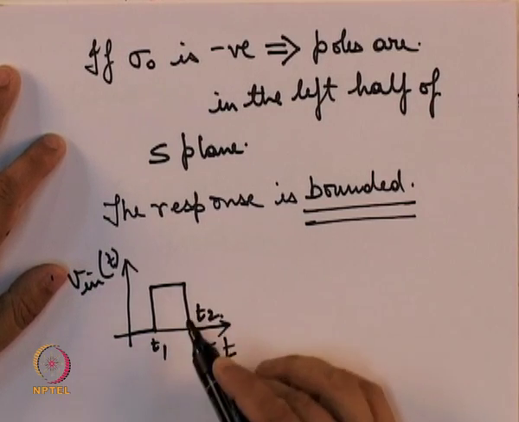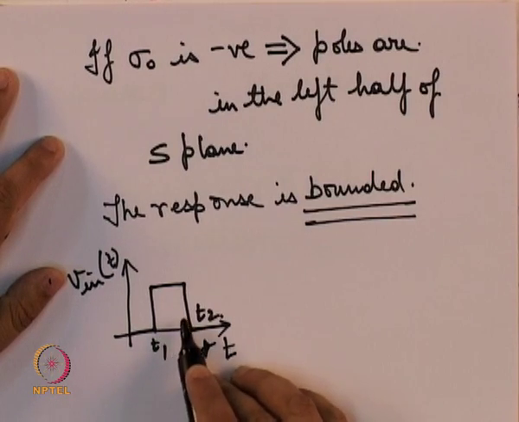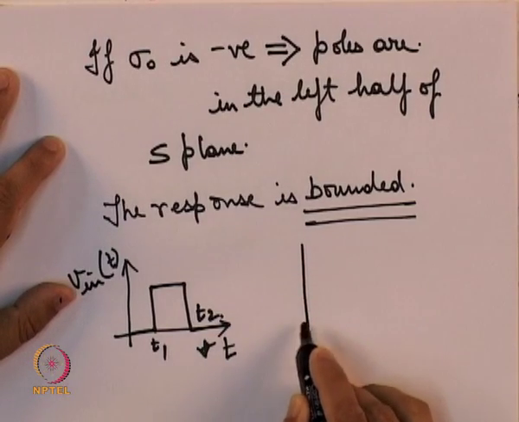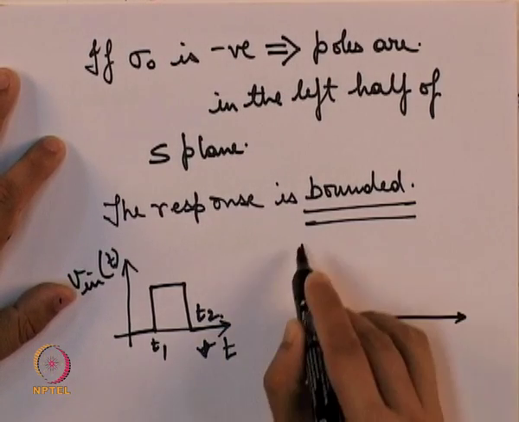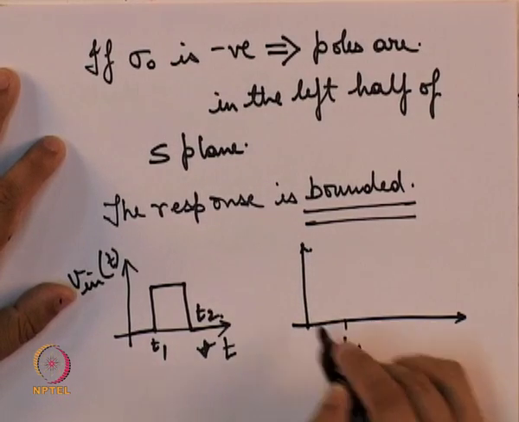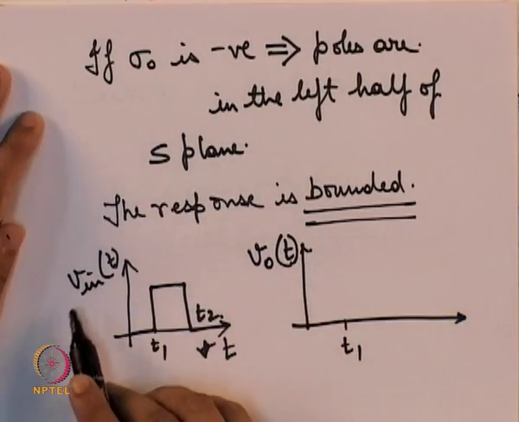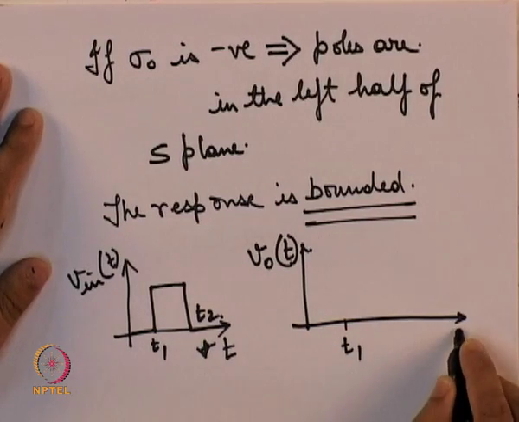So, for a stable system, what we need is that the output, which will start somewhere after T1, say this is V out of T, the output voltage of some system, and this is the input voltage.